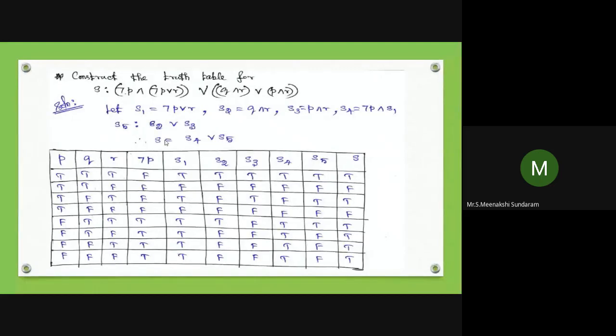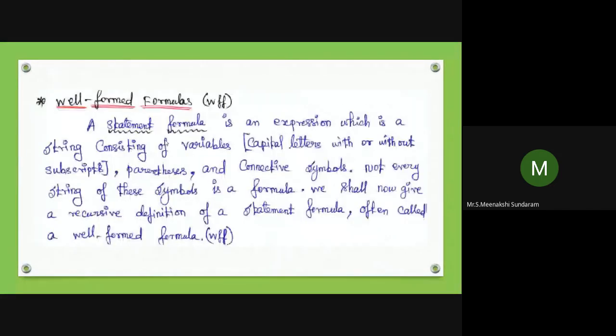These are the examples. Another topic is well-formed formulas, WFF normally. Well-formed formulas, the same definition, you should know a little bit. A statement formula is an expression which is a string consisting of variables, capital letters with or without subscripts, C1, C2, parentheses and connective symbols.